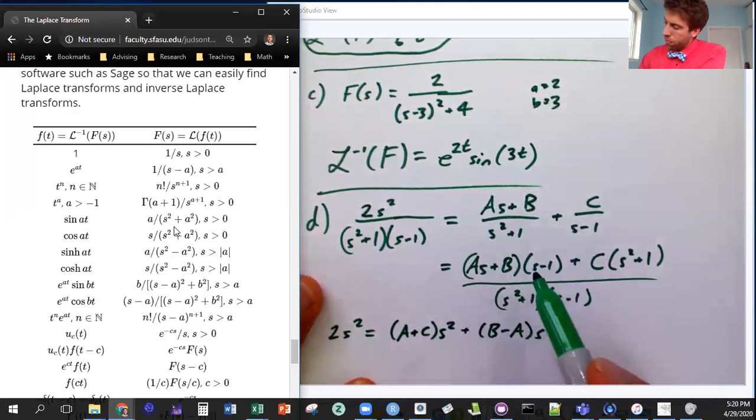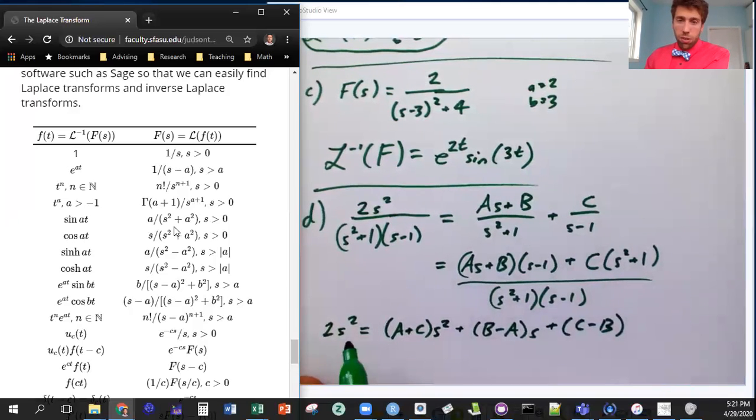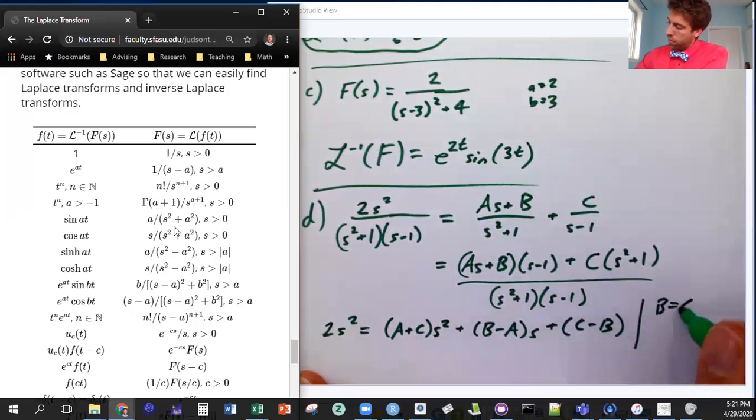I have a negative B and a positive C. All right. So the fact that there's no constant term here means B equals C. The fact that there's no s term here means that A equals B. And so then these two numbers, which are the same, add up to 2. So they all equal 1.